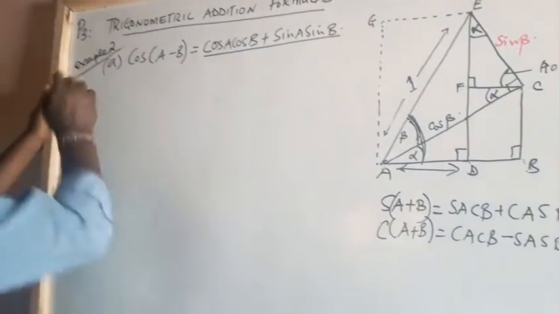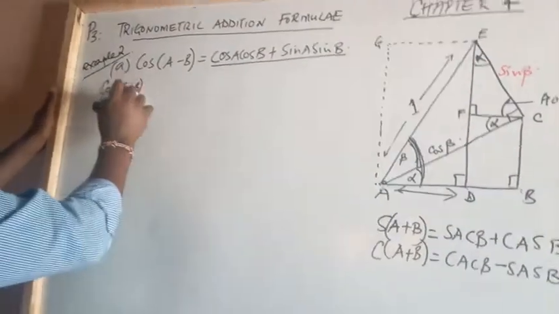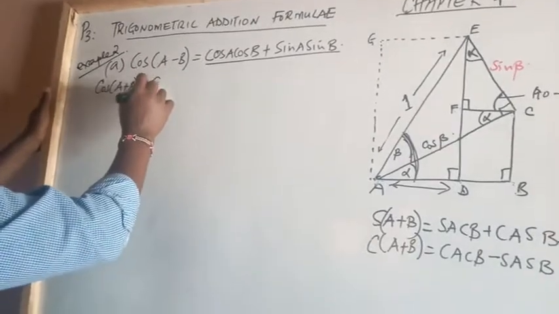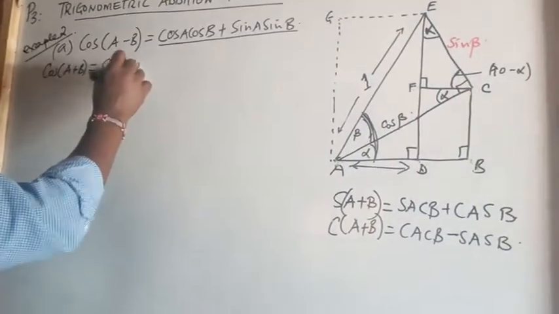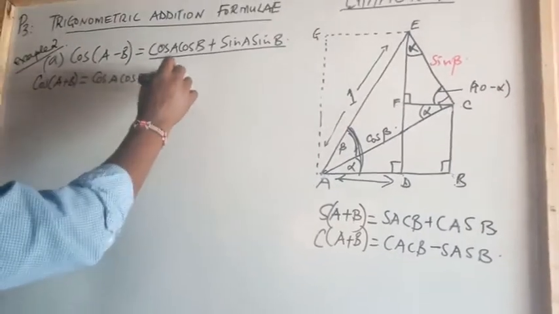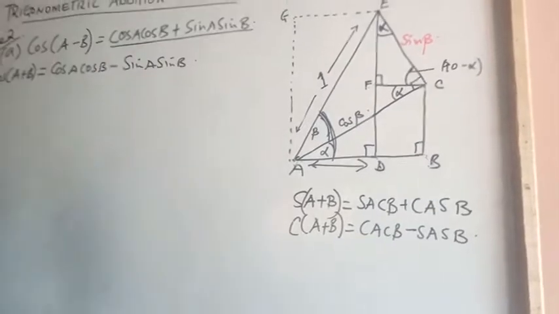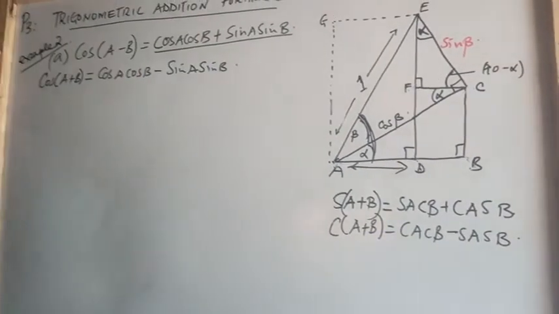All we know is that the cosine of A plus B is given by the cosine of A times the cosine of B minus the sine of A times the sine of B. That we know.